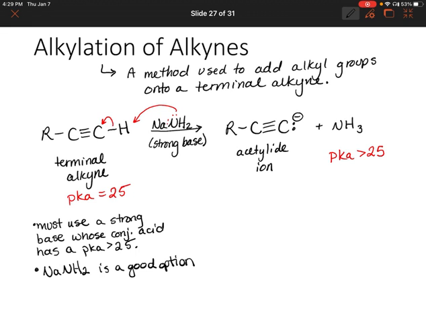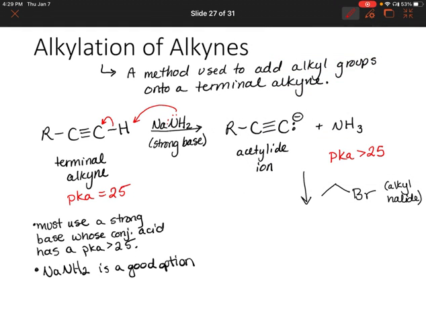Okay, so now how do we add an alkyl group onto the triple bond? So we're going to use an alkyl halide. So let's use a simple alkyl halide. And we're going to perform substitution.